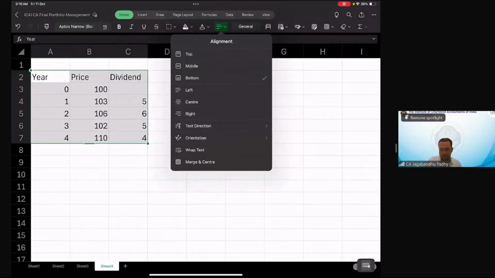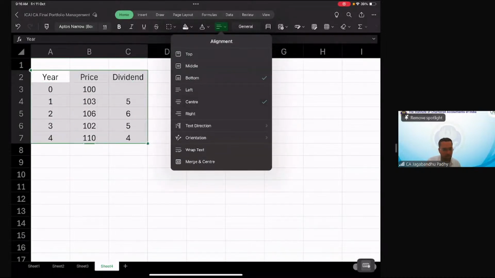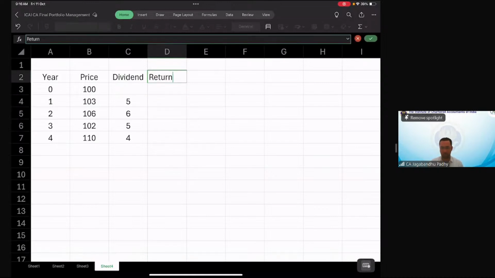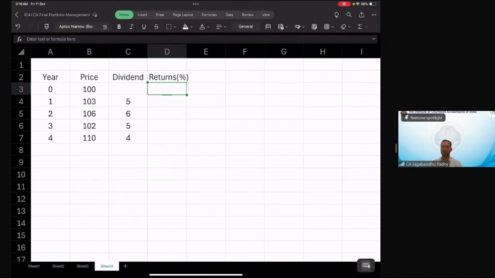Now, how do we calculate the expected return and the risk with this type of data? If we have the historical or past data available to us, where we know the price and the dividend, how do we calculate the expected return and the risk? For that, we first need to compute the return, which is the historical rate of return that we have earned.